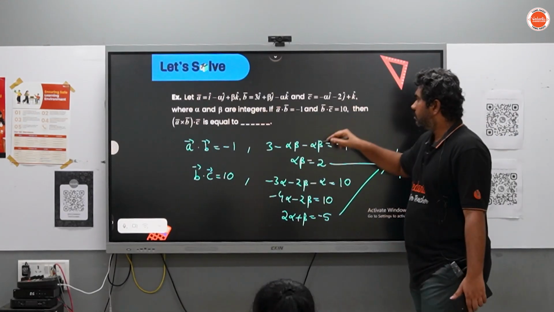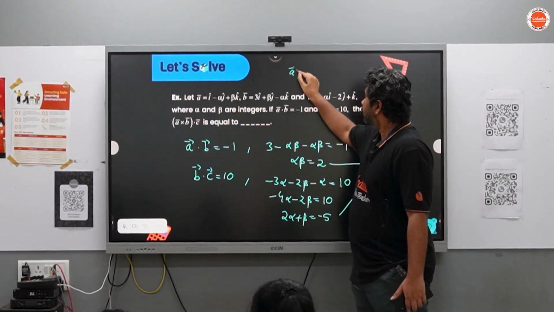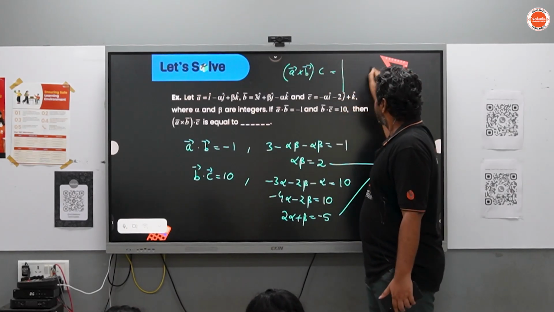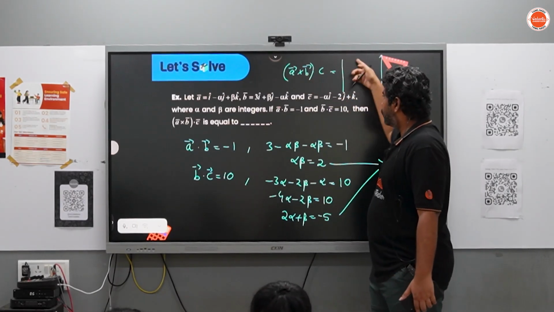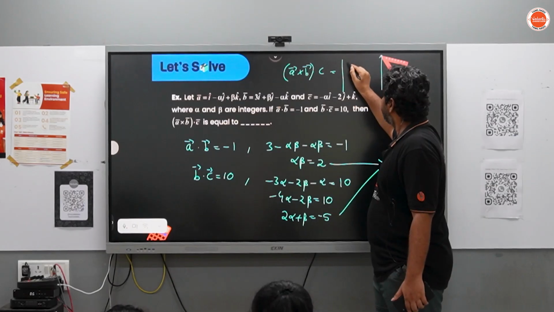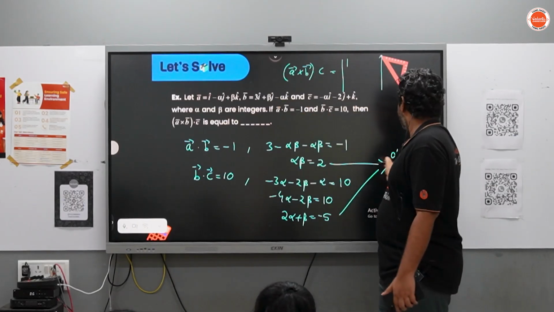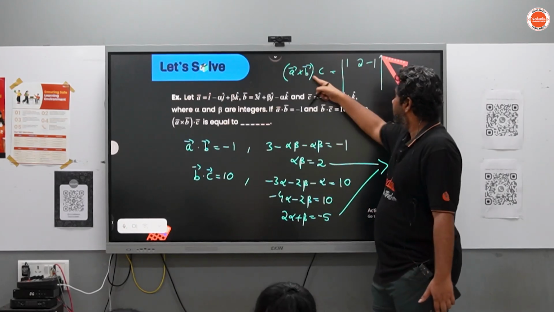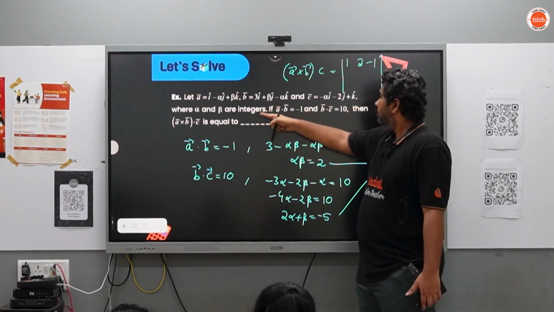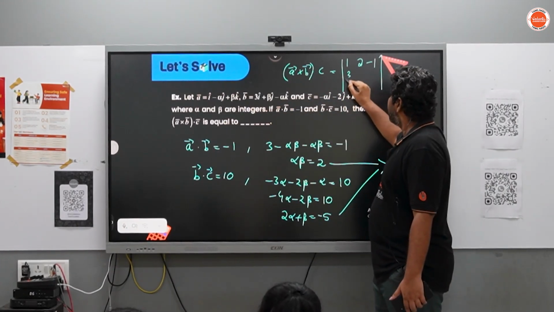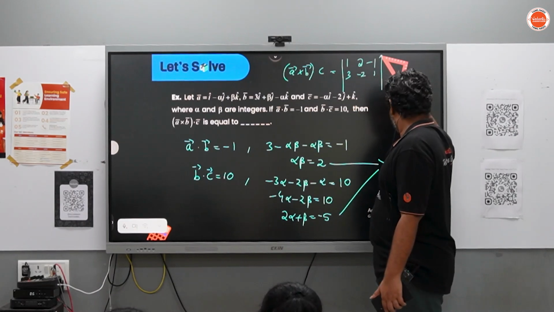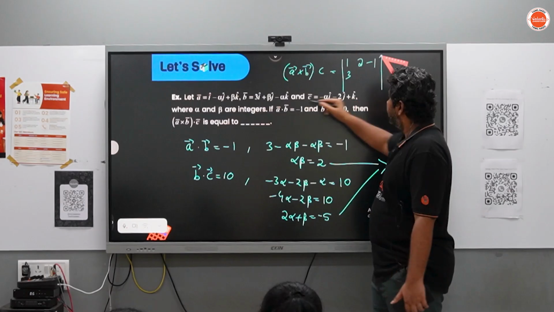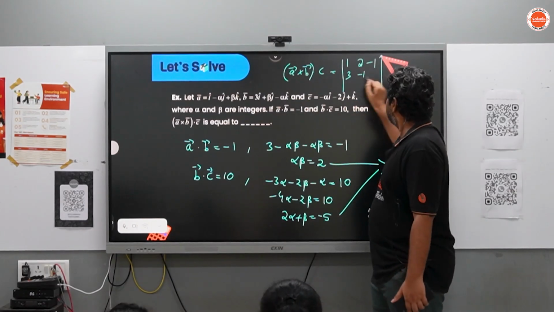So what is A cross B dot C? You can just put the A terms in the first row. A components: 1, minus alpha, alpha is -2, so 2, beta is -1. Then 3, -2, beta, 3 -1, 2.